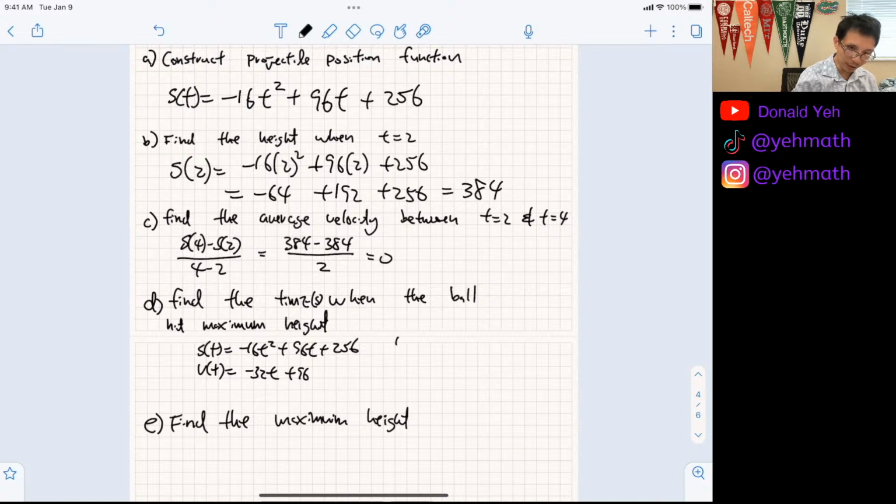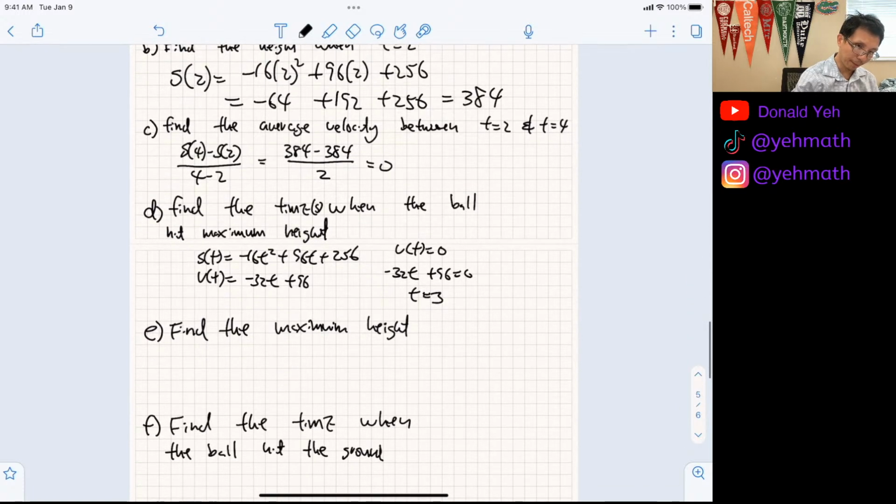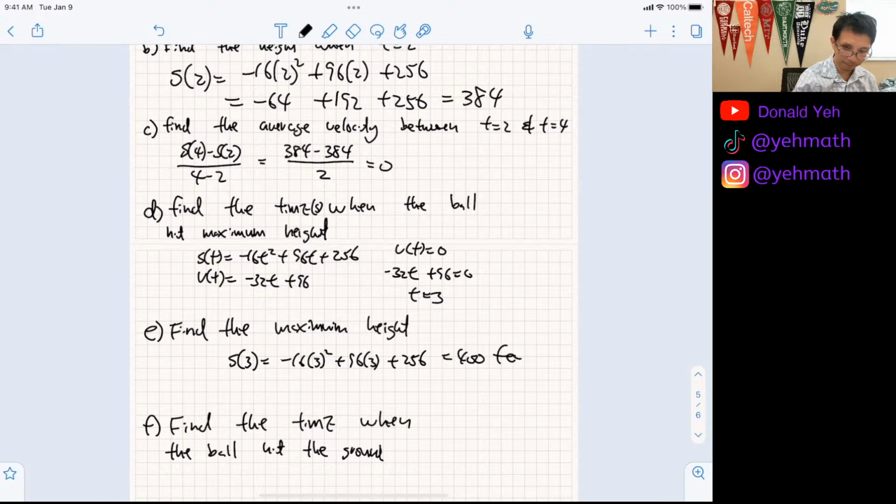Since v of t is equal to 0 at the maximum height, -32t plus 96 equals 0. t is equal to 3. If you plug in 3, it will equal -16 times 3 squared plus 96 times 3 plus 256. I think you're going to get 400 feet. That's pretty easy. Just plug into the original function. You're not plugging into the derivative function.